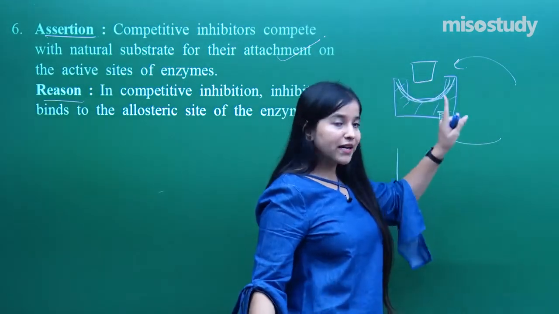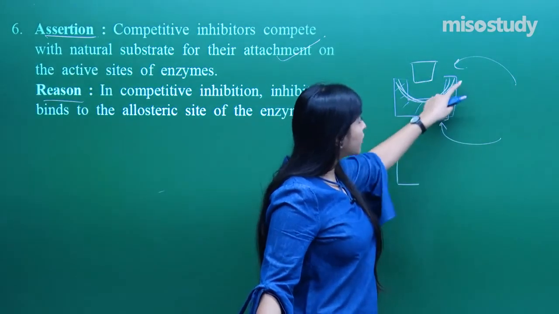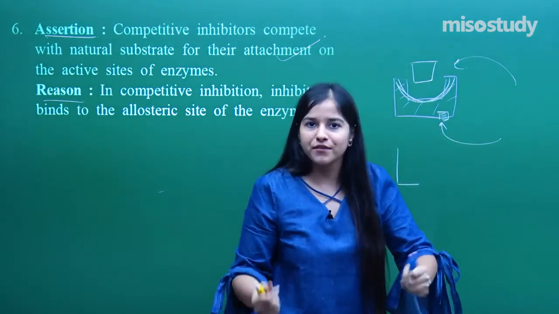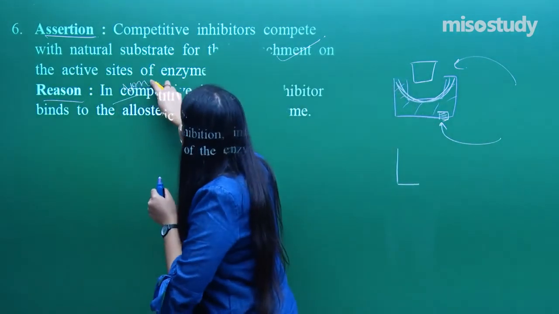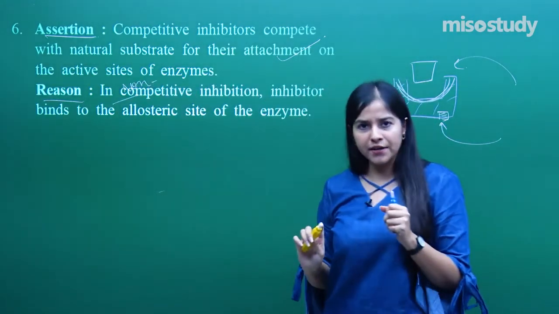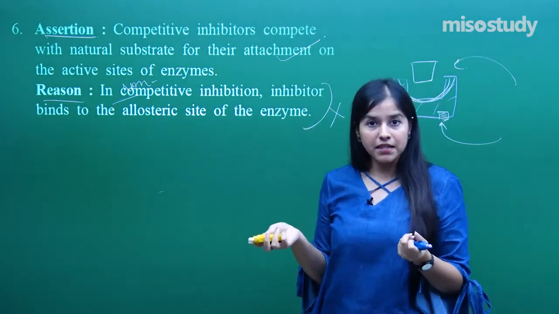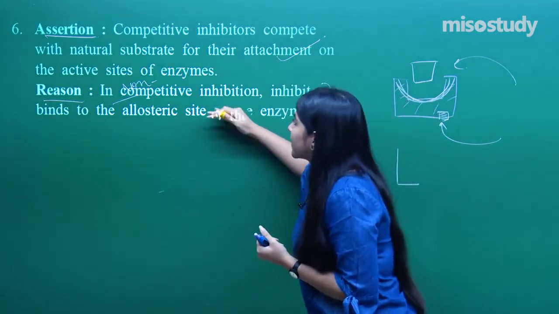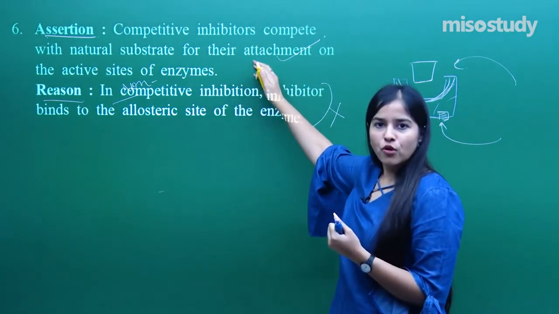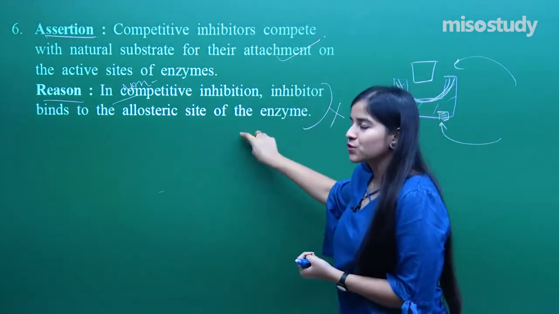So basically it is not competing with the substrate, it is instead making changes in the active site shape, right? So these are non-competitive inhibitors which do such a thing. So this statement is entirely incorrect, and I cannot expect it to be a reason for the previous statement. So the first one is correct, the next one is incorrect.